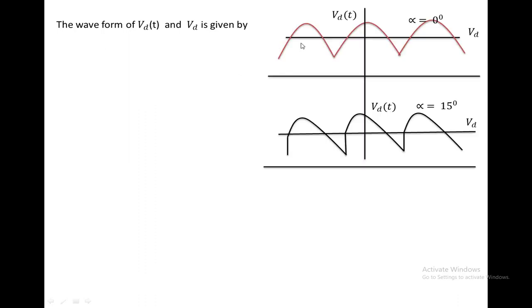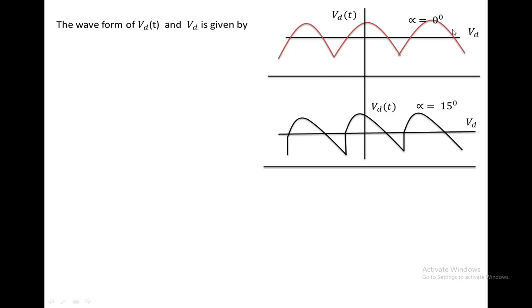If we observe the Vd of t and Vd waveform at alpha equal to 0 and alpha equal to 15 degrees, this is the waveform for Vd of t, nothing but the output of the converter. The average value is nothing but a constant value. This black line is the constant line, that is Vd at alpha equal to 0.